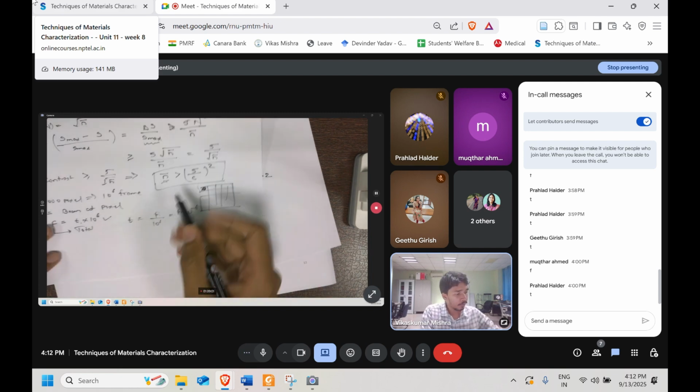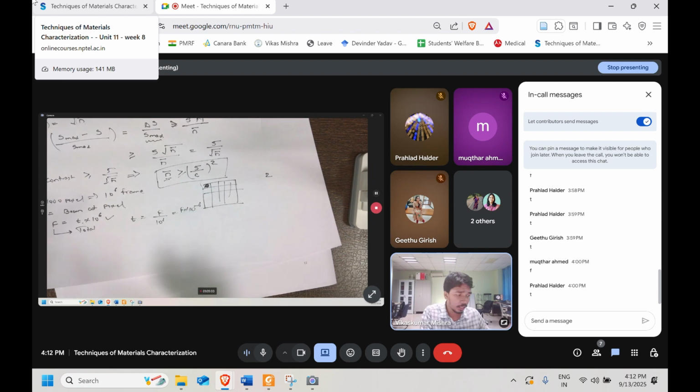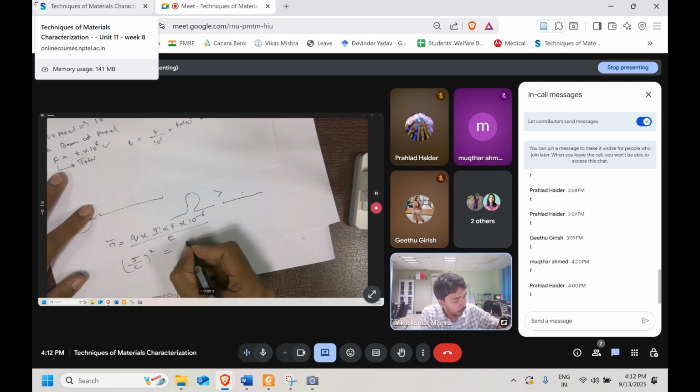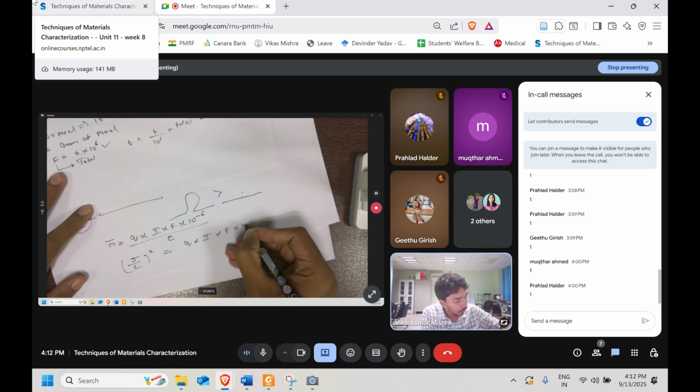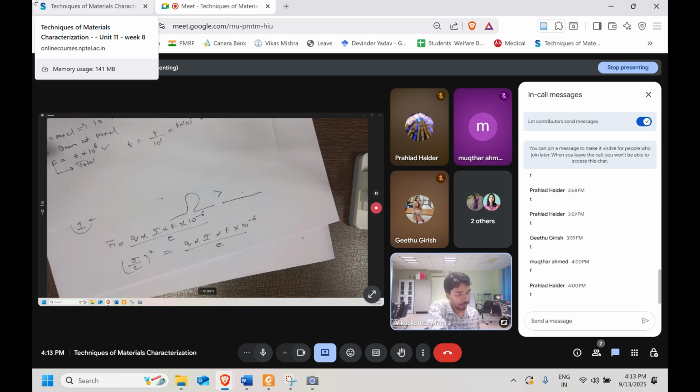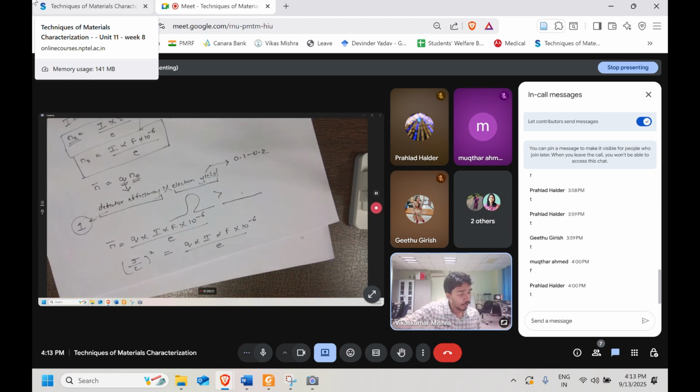So let's go for the equality for a timing. n bar can be written as 5 divided by C whole square, which will be equal to Q multiplied by I multiplied by F multiplied by 10 to the power of minus 6 divided by E. Right? So till now it's clear to us.